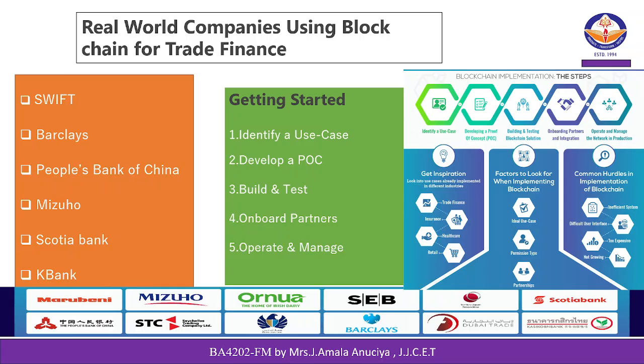K Bank public company limited is trying out letter of warranty trade finance with the help of IBM's Hyperledger solutions also. SB and SEP is capable of handling regulations and trade finance transactions for blockchain solutions.